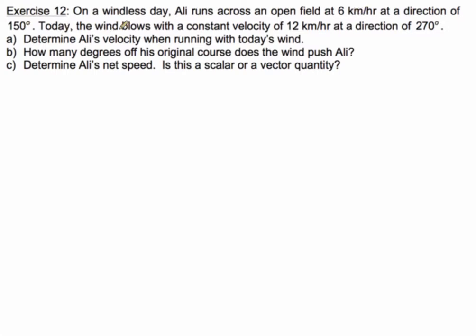Furthermore, we are told that the wind blows with a constant velocity at 12 kilometers per hour at a direction of 270 degrees. The 12 kilometers per hour is just the speed, and the velocity is the whole of magnitude plus direction. So let's define these velocity vectors. We're going to let A be given with a magnitude of 6 kilometers per hour at a direction of 150 degrees, be Ali's velocity.